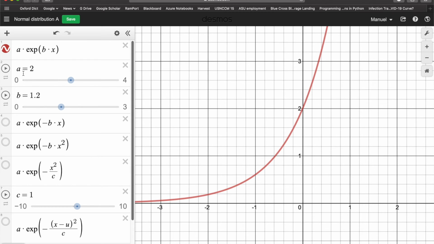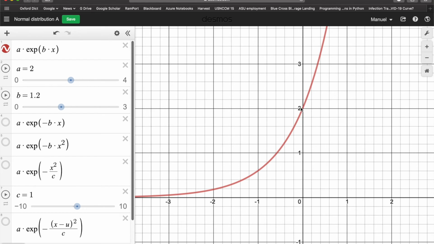And we have the parameters a and b. I will modify the parameters, a between 0 and 4 and b between 0 and 3. In both cases, a and b are positive. So the exponential function is a growing function, and it cuts the y-axis at y equal a.